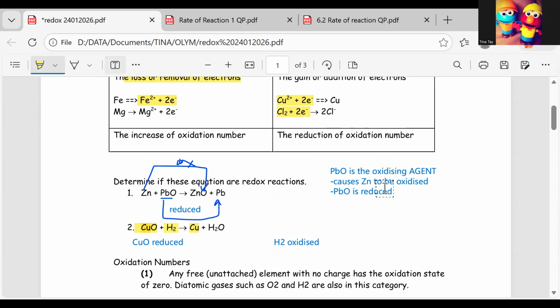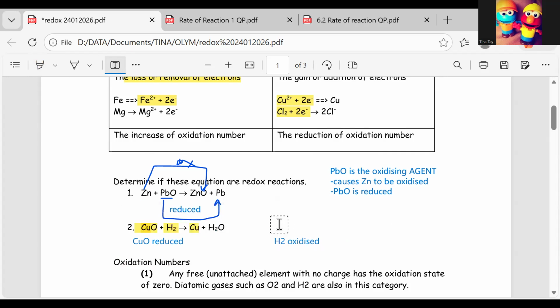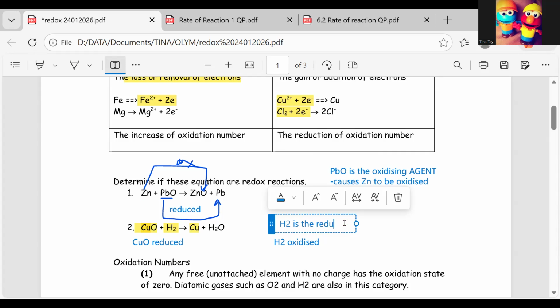So H2 is oxidized, correct? So H2 is the reducing agent. Why? It causes CuO to become reduced.